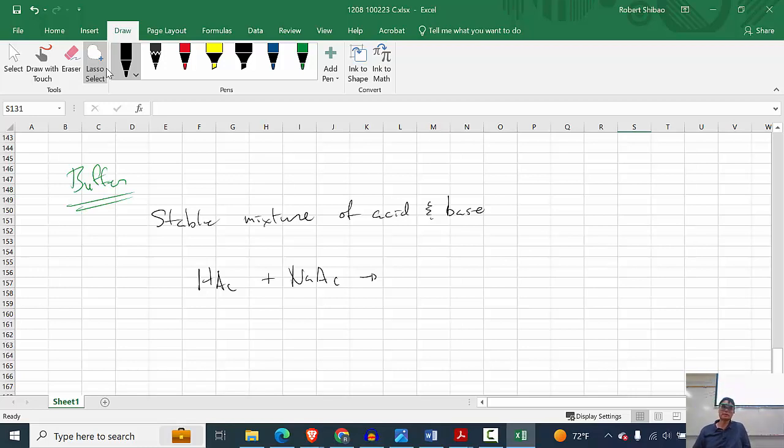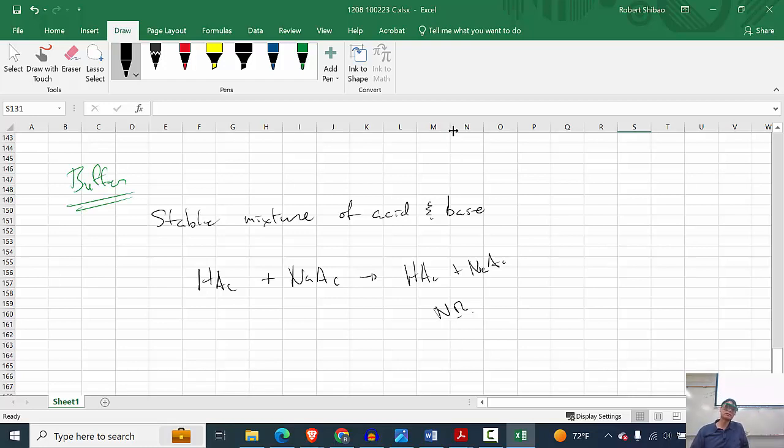It's a double replacement reaction, so we just swap the anions. We're going to form acetic acid and sodium acetate. There's no change, so we say NR, no reaction, for double replacement, metathesis.